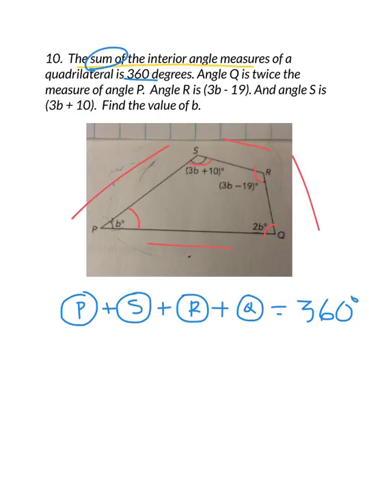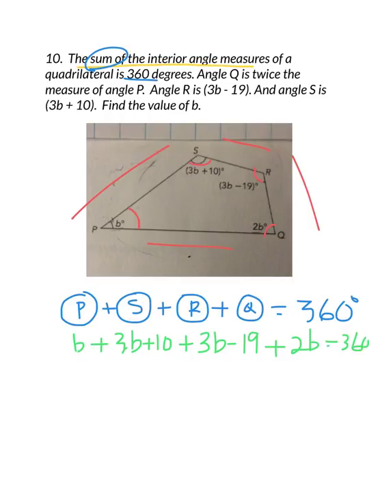Well, that's easy. Where's P? P is a B. And S is a 3B plus 10. And R is a 3B minus 19. And Q is a 2B. And that's all going to equal 360.